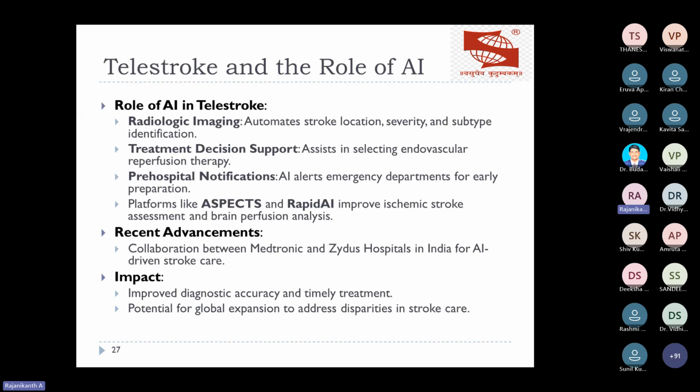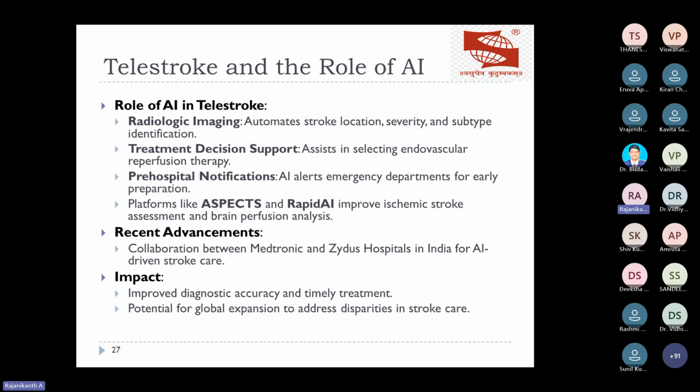Telestroke is also another example. Where we talk about how do we know that a stroke happened? Just through some diagnostic reports. So when the symptom says that something is wrong, then immediately the concerned information will be passed on to a doctor. It helps in decision support, pre-hospital notifications, etc. And for this, there are certain platforms like Aspects is a platform, Rapid AI is a platform.